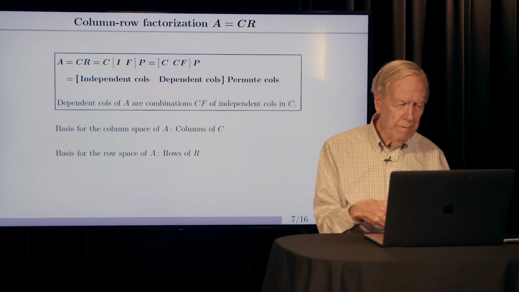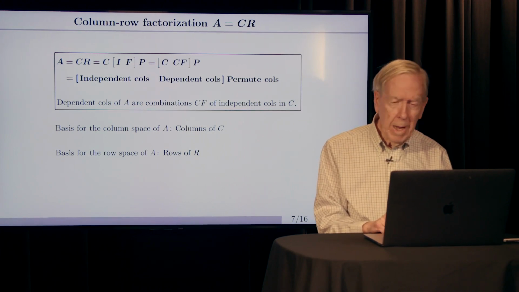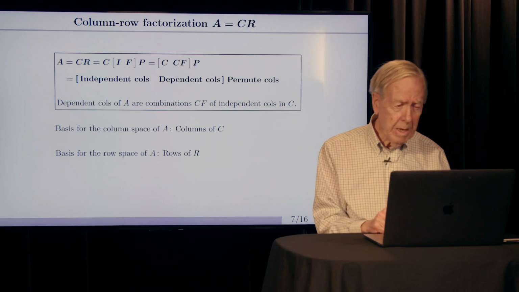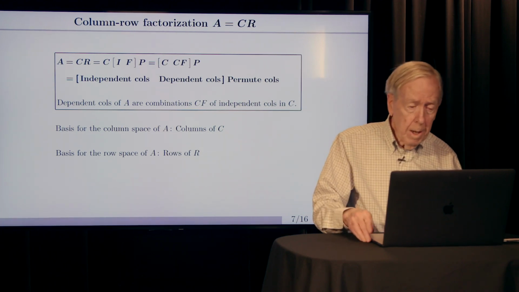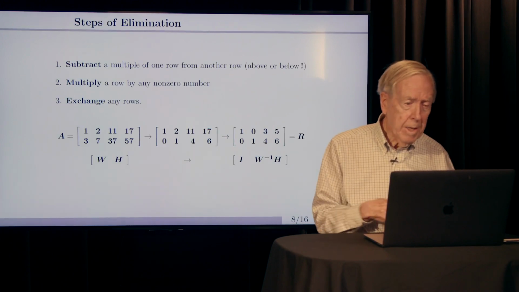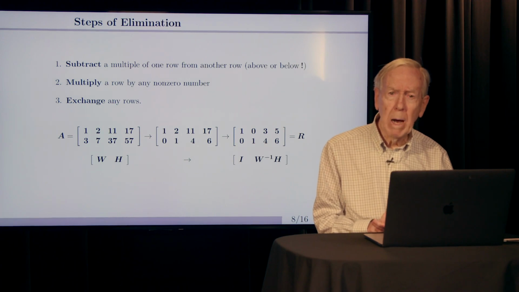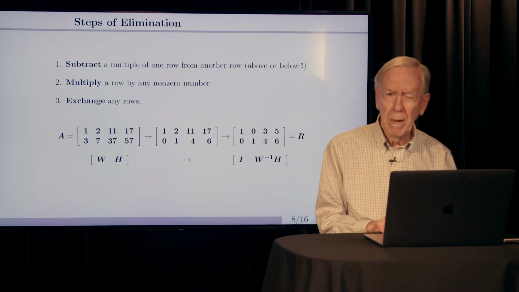It's not completely new, I'm sure, but it's a factorization of any matrix. Okay, and now how do we actually do it if the matrix is big and I need the computer to help? Well, we do it by elimination. Okay, this is what elimination is about. What are we allowed to do in elimination?